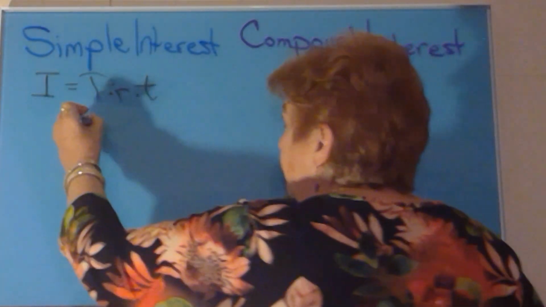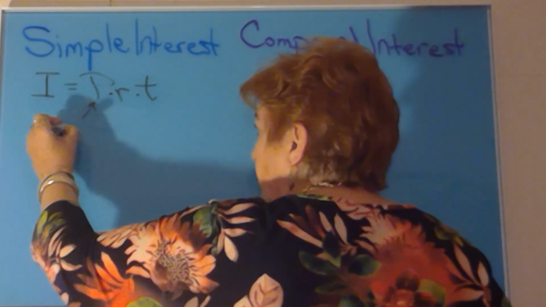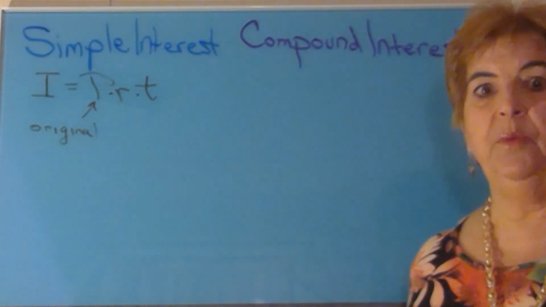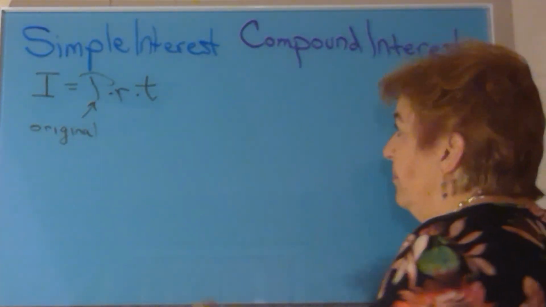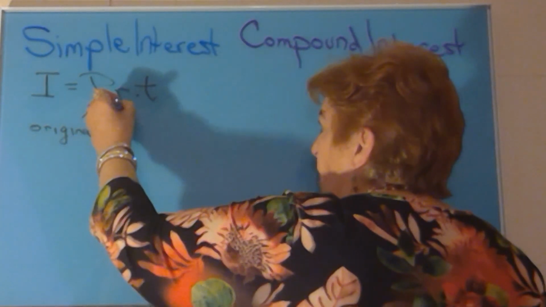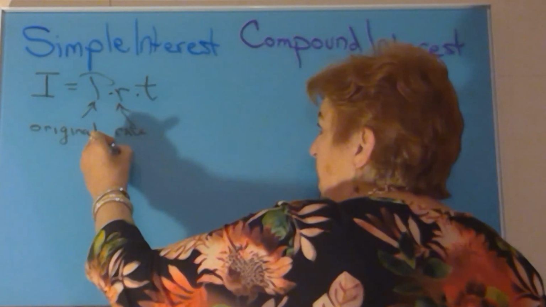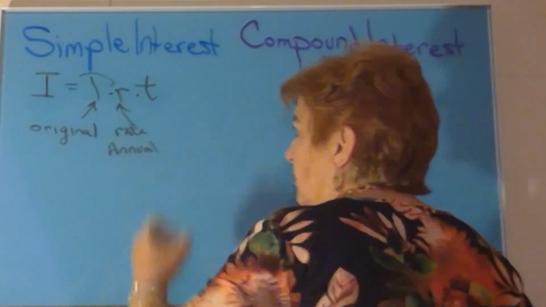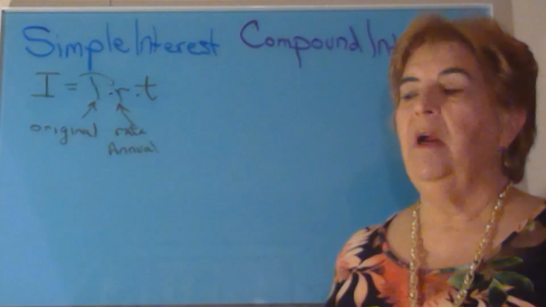The principal is the original amount of money that you, in this case, we're going to talk about depositing. The rate is usually an annual rate, which means it's how much interest they charge a year.